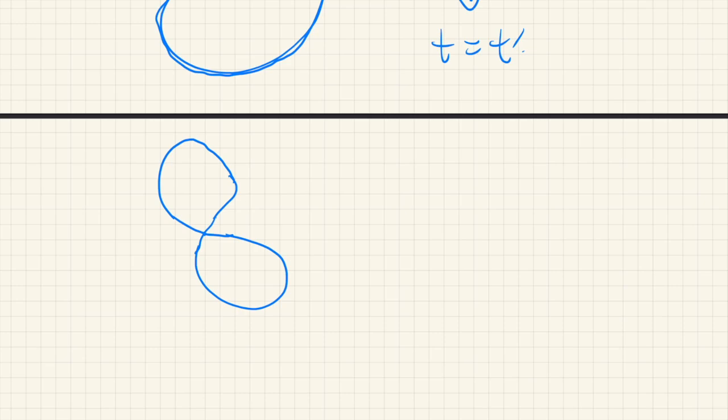If we start from here, at one point we have this point, and if we just continue, we come to the same point at some value of t, before we come back to the original starting point. So this is not injective because two different values of t can have the same point. So it's not a Jordan curve.